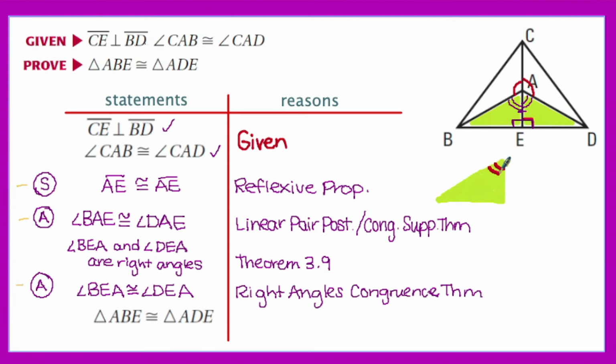I've got those markings with the angle, and the side. And that side is the one that connects those two angles together, right? And so we would say that that side is included between those angles. And so this is the angle side angle congruence postulate that proves those triangles are congruent to each other.